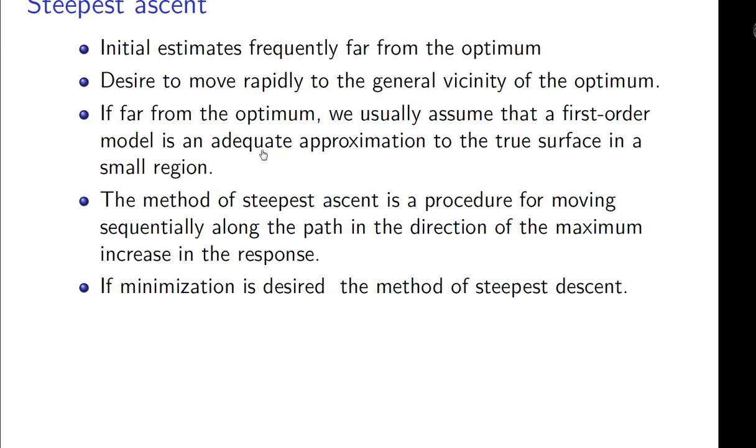Okay? And we use a very similar procedure, the method of steepest descent, if we're looking for the minimum. The stepwise procedure doesn't change except for one step, as you'll see later on: the direction in which we're traveling is not in the direction of the maximum, but we change direction to be the direction of the minimum.